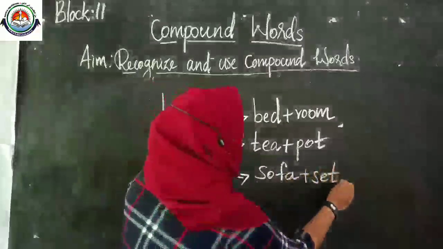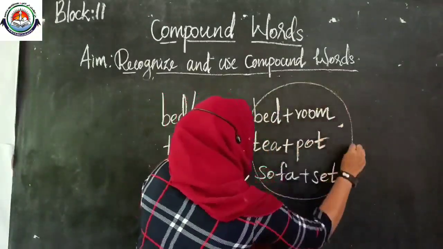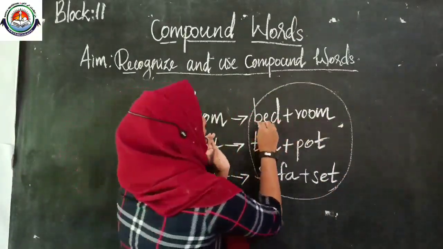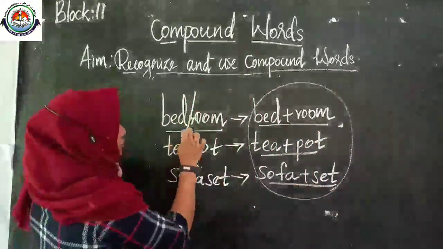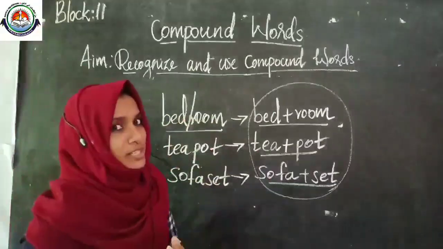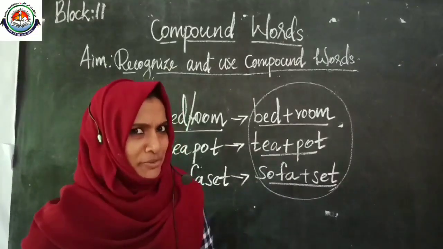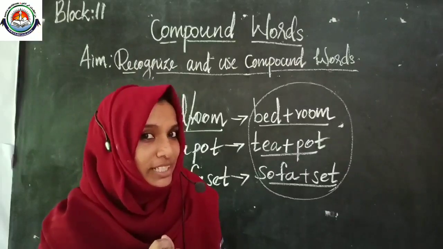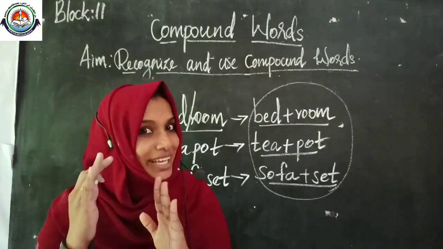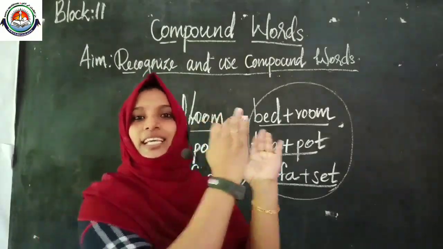In both of these words, the two parts have their own meaning. What do you mean by the word bedroom? It is a familiar word, isn't it? It is the room in which the bed is set.